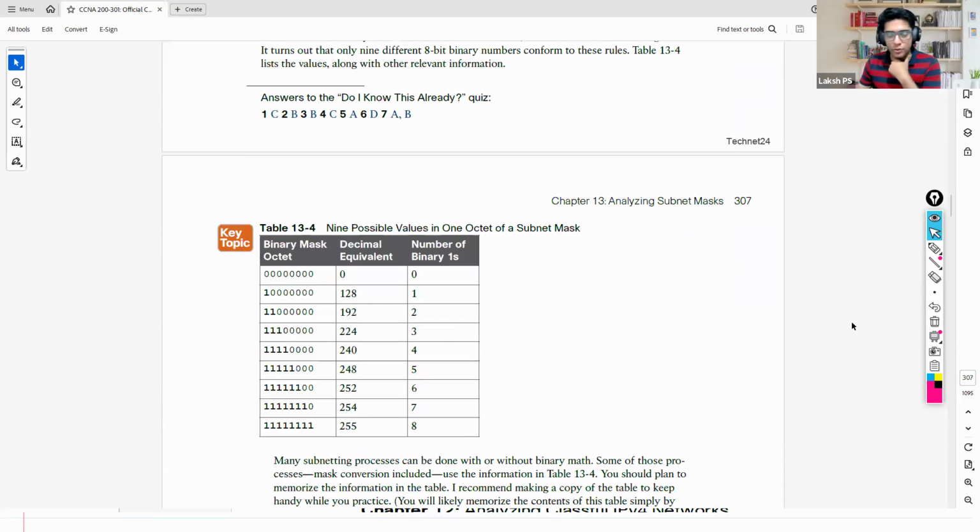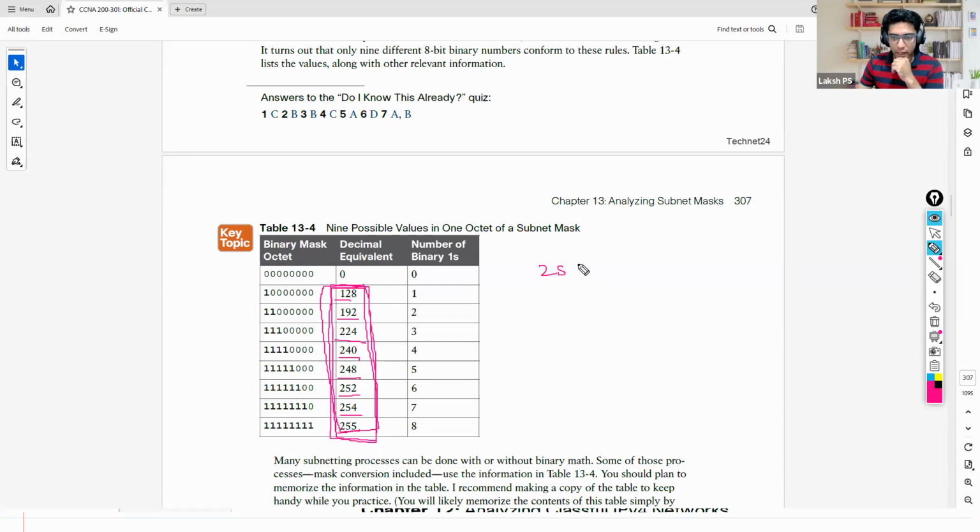Yeah. So the other numbers that you may find in an address mask are these numbers, other than 255: 128, 192, 224, 240, 248, 252, 254, and 255. These are the only numbers that you will find in an address mask.